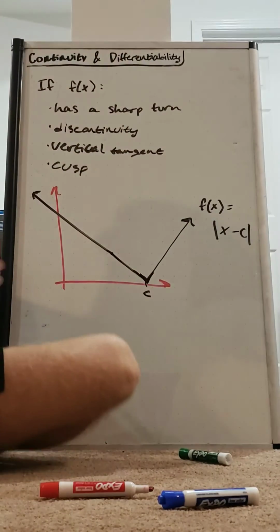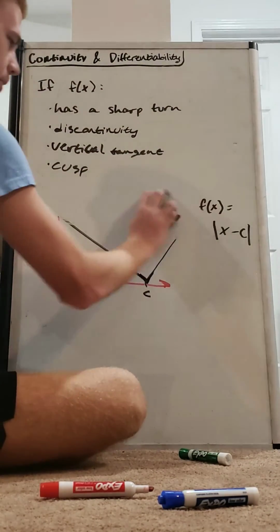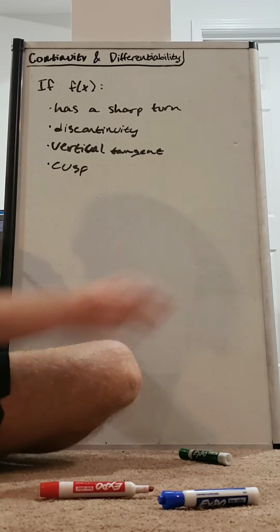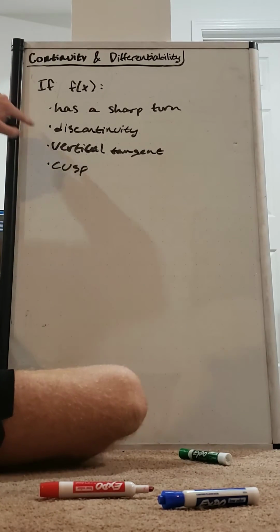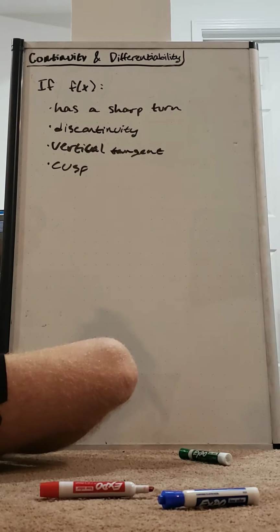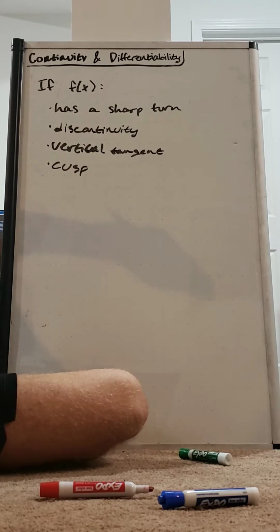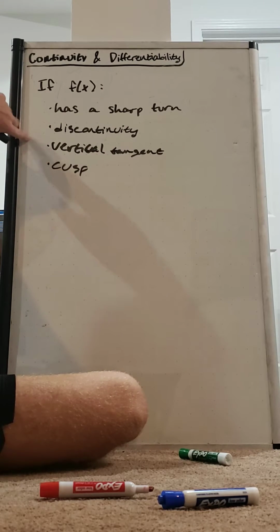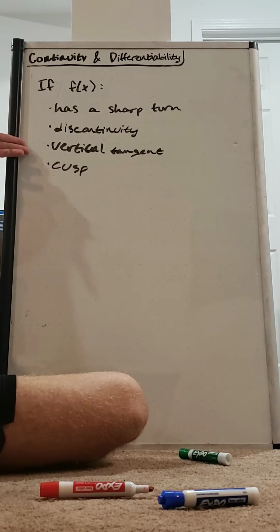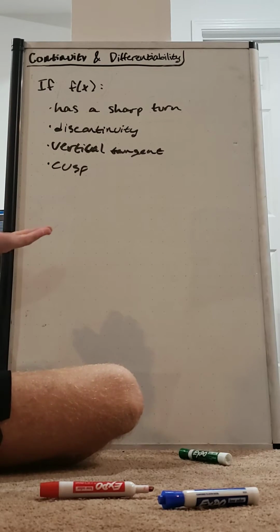And for discontinuity, that's why we need to learn where a function is continuous, because if it is not continuous, it's not differentiable. So if you think about it, if a function is differentiable at a point, that means it's continuous at that point. But if it's continuous at a point, that doesn't necessarily mean it's differentiable.